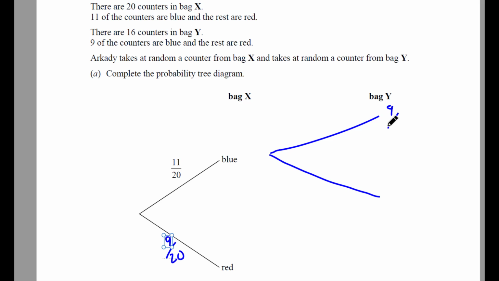So that's 9 out of 16 and 7 out of 16. Blue, red.